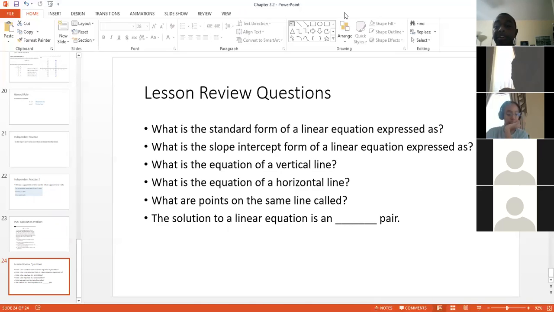Yes, that's another name for it, but it has to have blank pair and it has to be corresponding with this word. You have an x coordinate, a y coordinate, and parentheses. That's called a what pair? Your solution to a linear equation.